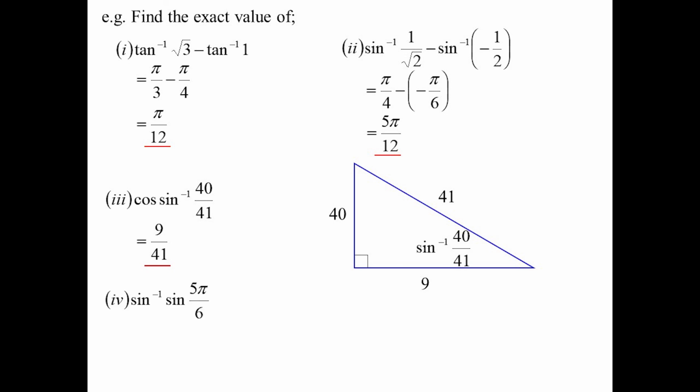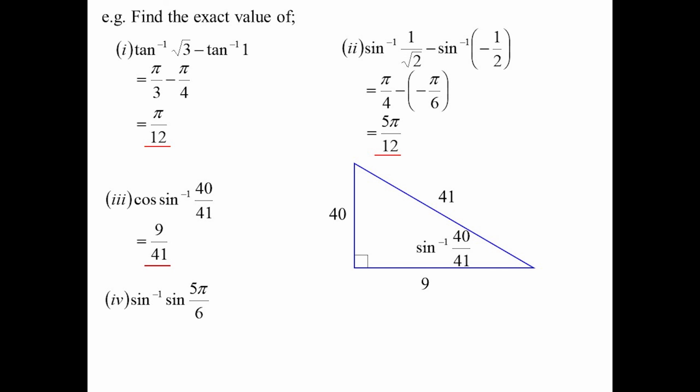The inverse sine of the sine of 5 pi on 6. Now be careful with this sort of question, because it looks like they should just cancel, because you've got inverses next to each other. Just like when you say the log of e to the power of something, oh, it just cancels. But we've got to remember the domain and range. Inverse sine can only give me answers that are acute angles or negative acute angles. So it can't give me the answer 5 pi on 6.